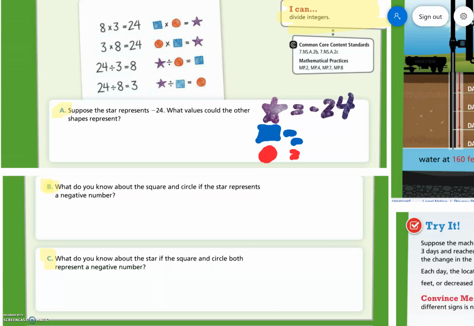They show us on the fact family 8 times 3. So if the blue square equals 8, the red circle would have to equal 3. But it's multiplication and the answer is negative, so one of them has to be negative and one has to be positive. So it could be -8 and +3, or it could be +8 and -3.